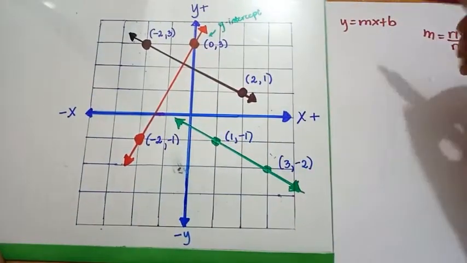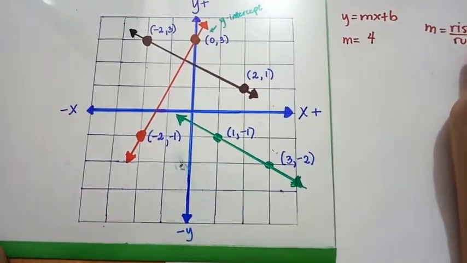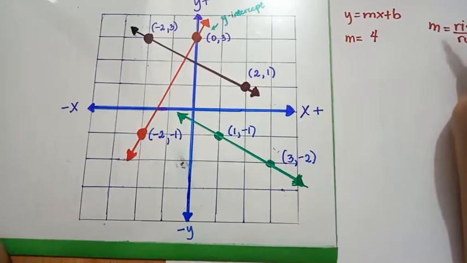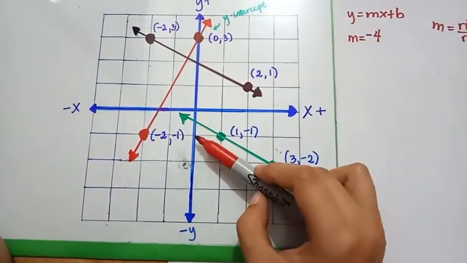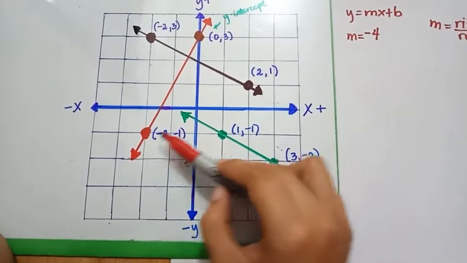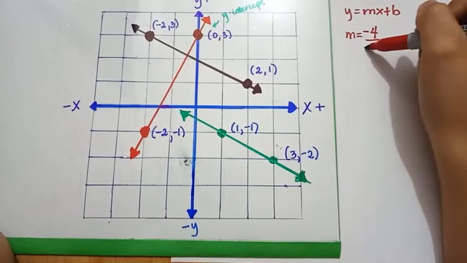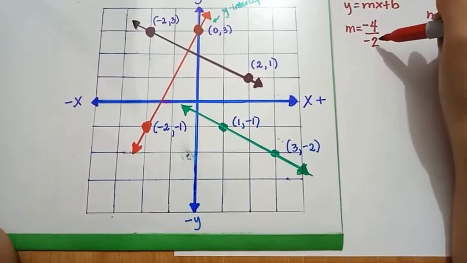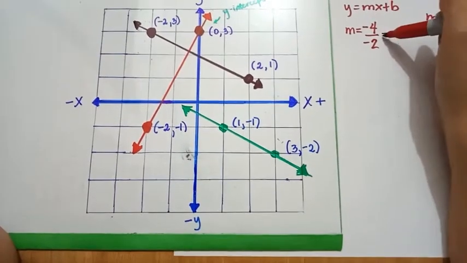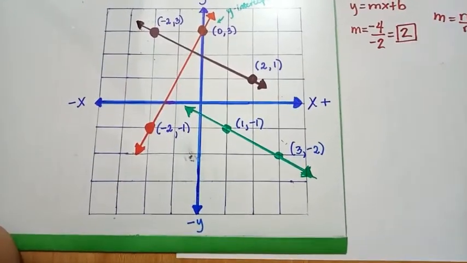So ibig sabihin, the rise is 4. Okay? Or dahil bumaba ka, it's negative. Then, from this point, papunta dito, 1, 2. So, tayo kumaliwa. So, negative 2. Okay? And negative 4 over negative 2 is the same as positive 2.